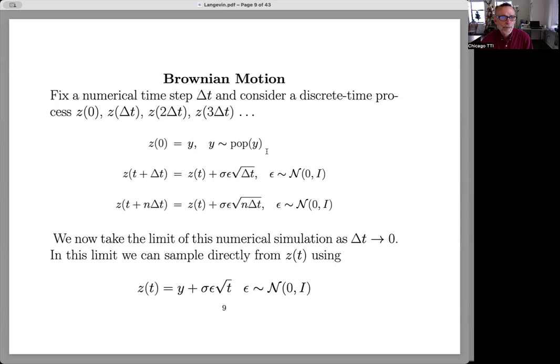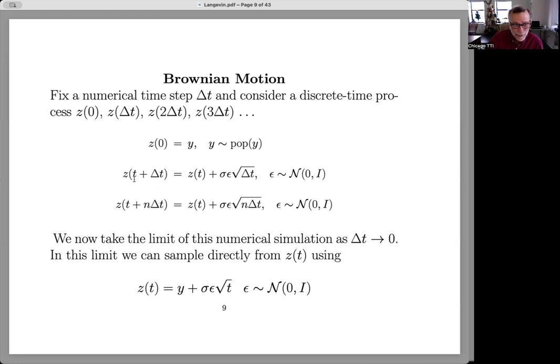Now we're going to consider a discrete time process where I think of this as a function of time, and I'm going to sample at 0 and delta t, 2 delta t, 3 delta t. Because I can jump ahead, I can sample from this directly by taking the square root of delta t, the square root of the number of steps.